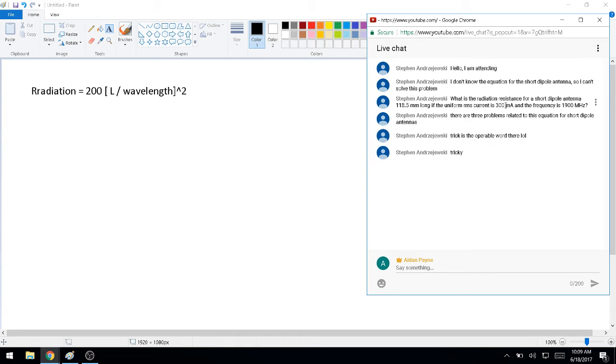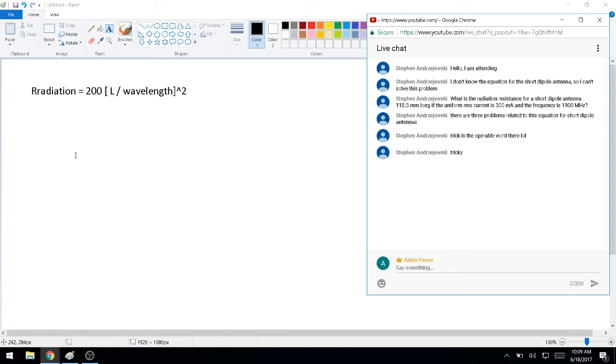It's asking what is the radiation resistance, so we're solving for the radiation resistance of a short dipole antenna 118.5 millimeters long, which is our length, if the uniform RMS current is 300 milliamps and the frequency is 1900 megahertz.